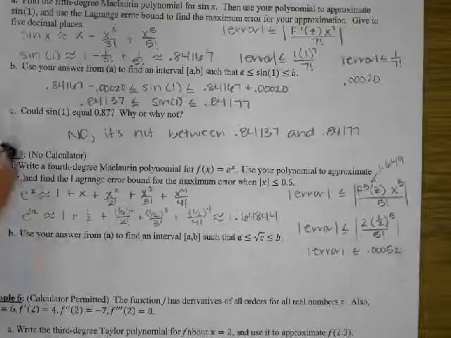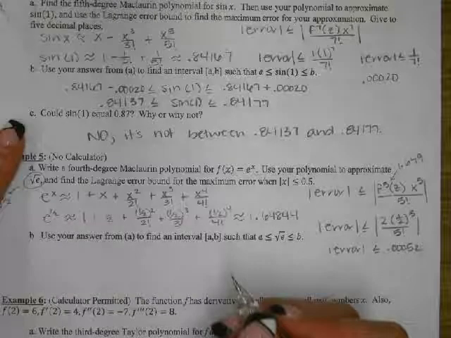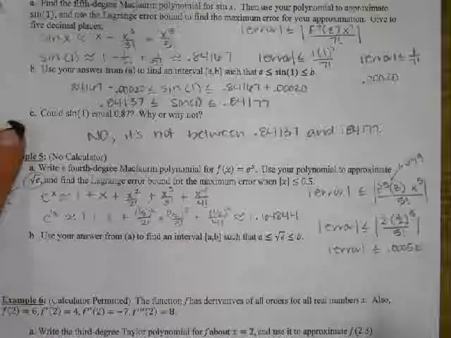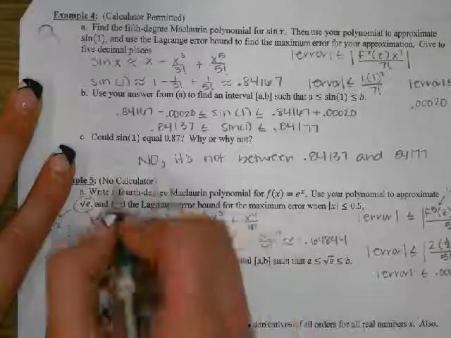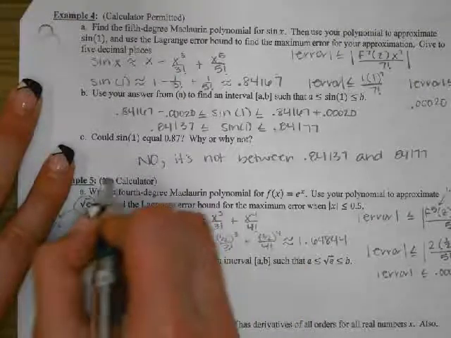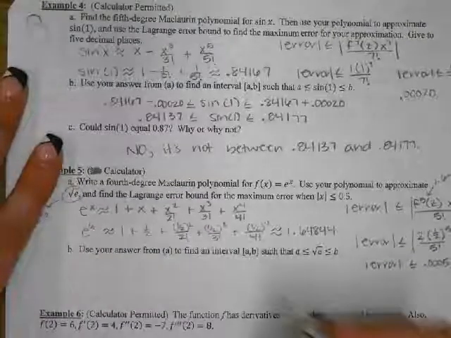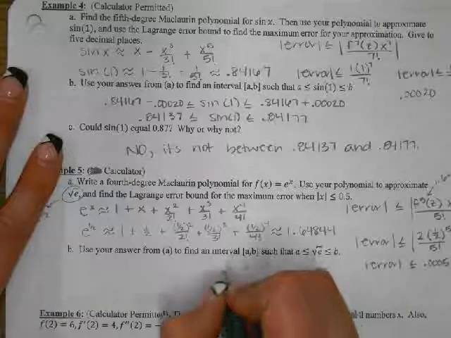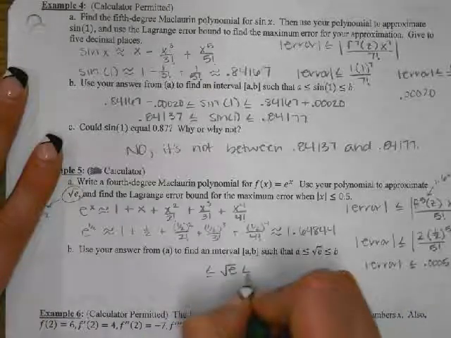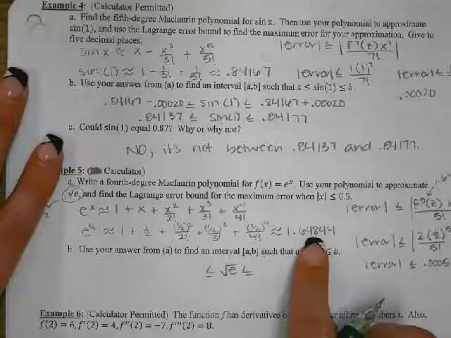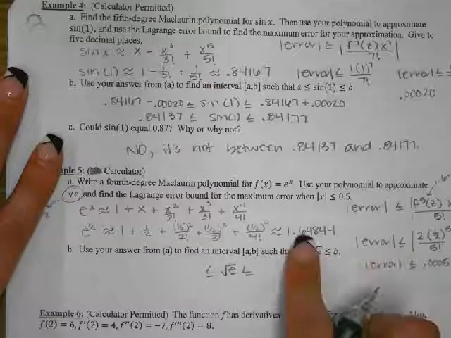All right, so if we want to write our interval, in this part it says no calculator. It's lying to you. Okay, so if we write our interval, we're going to say that square root of e is somewhere in between this decimal minus this error, or this decimal plus that error.